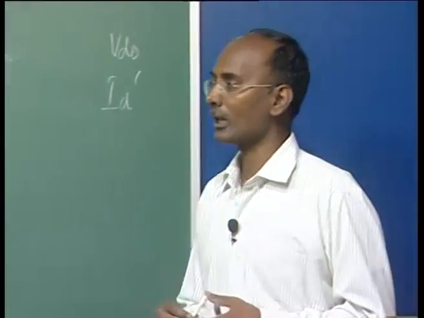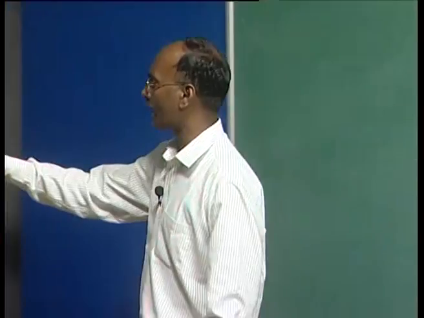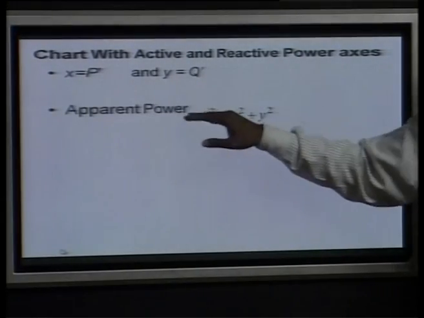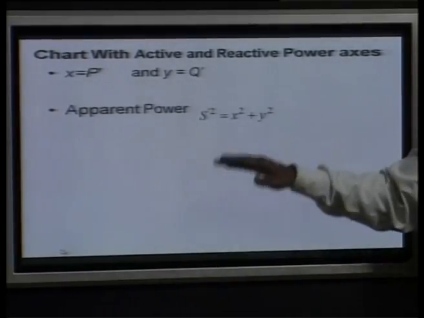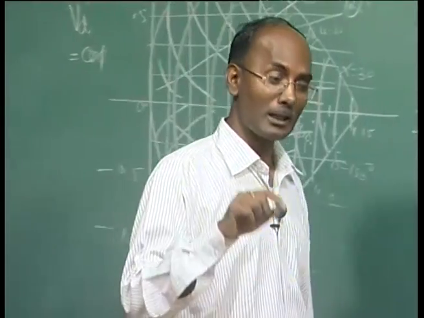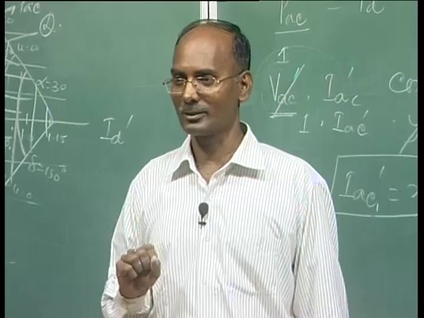In this chart, we are taking x equal to P prime, again in the per unit sense, and then we can have the apparent power, the displacement, the constant U, constant alpha, constant delta, and current. All the curves we can draw on this axis.